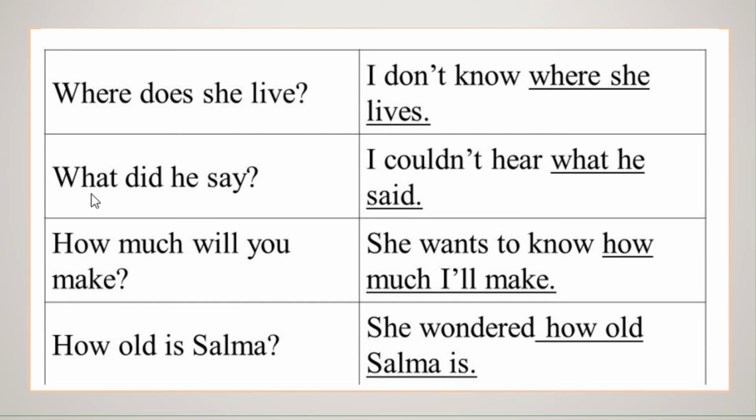Look at this one. What did he say? Past tense shown with did. When we pass it to an embedded question: I couldn't hear what he said. Of course, our verb must be in past, because we are speaking in past tense. This is a statement embedded question. That's why you finish with a period, because you start with a statement.